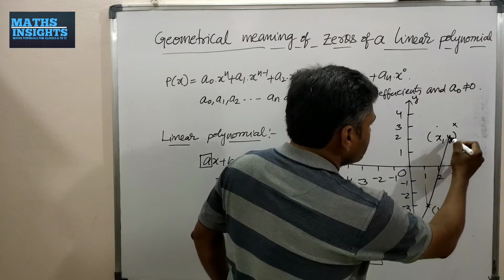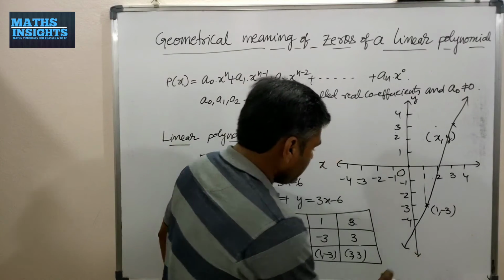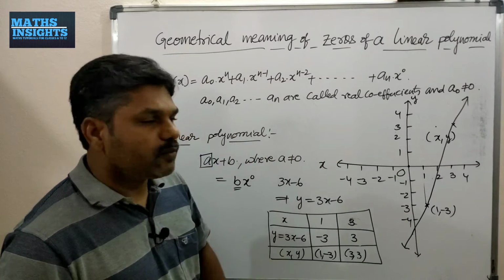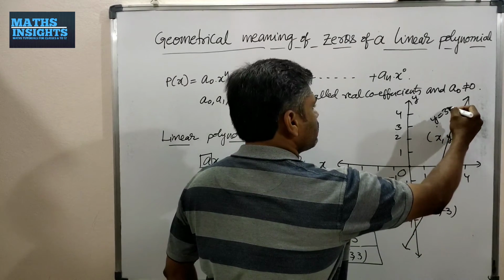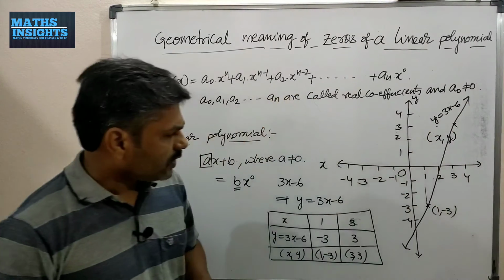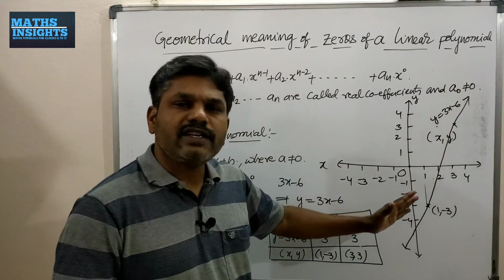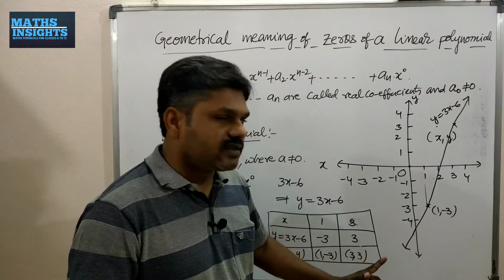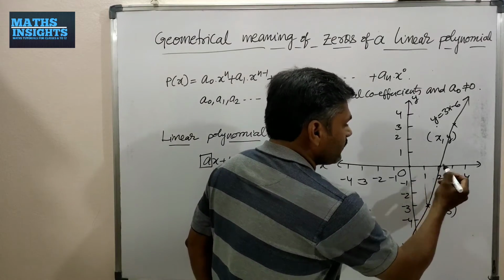You have to draw this straight line like this. This is the straight line for the linear polynomial y equals 3x minus 6, you have to write its name. Now you have to observe where this straight line is meeting the x-axis. See, it is meeting the x-axis here.